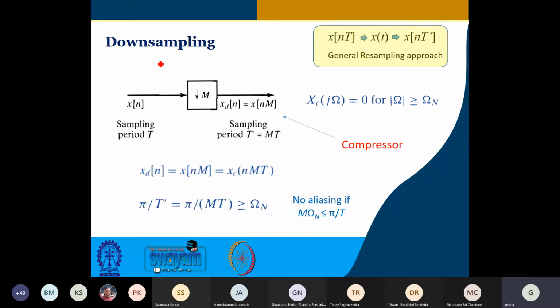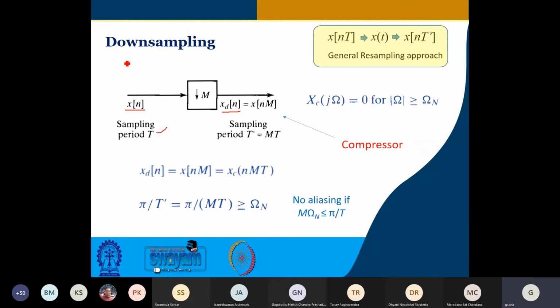So what do we mean by downsampling? A signal is already sampled and is available at a particular sampling rate, where the sampling period is T. So this x[n] is already available, and you are looking for the signal to be made available at a downsampled rate, where the subscript D stands for downsampled, which is an integer multiple M of the original sampling period.